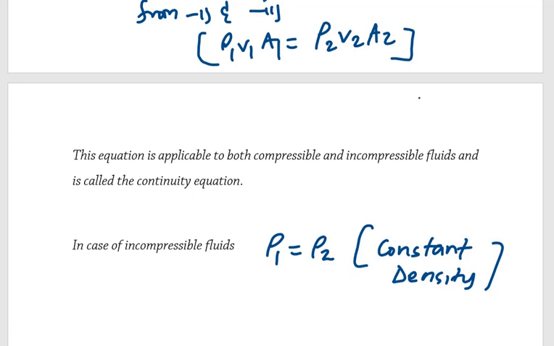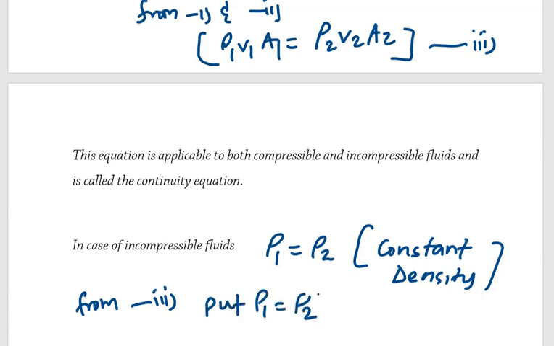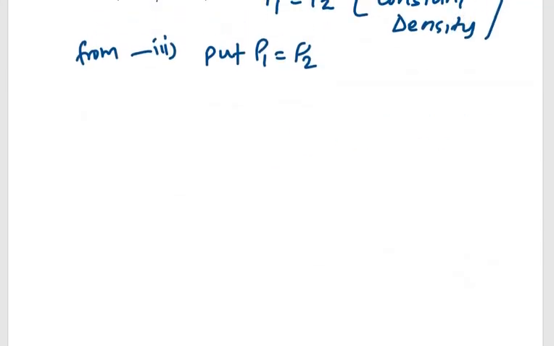Therefore, from equation 3, put rho 1 equal to rho 2. Then equation 3 becomes rho 1 V1 A1 equal to rho 1 V2 A2.